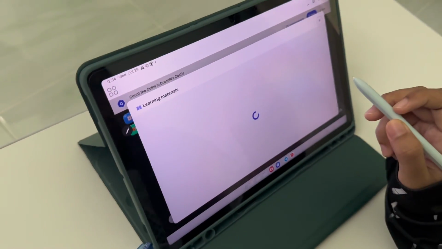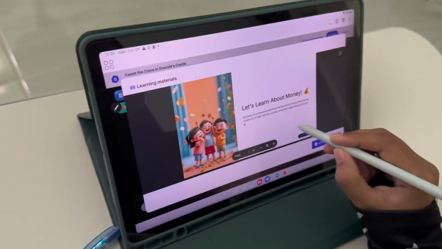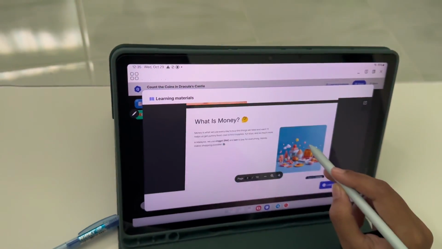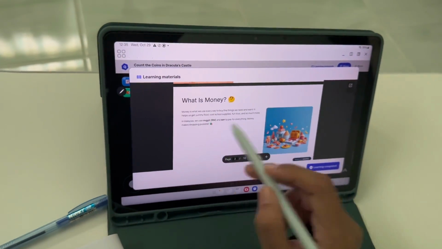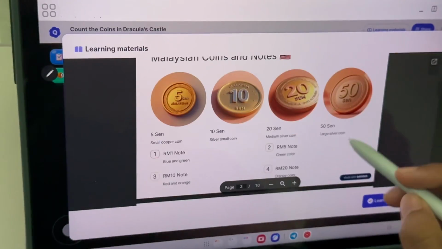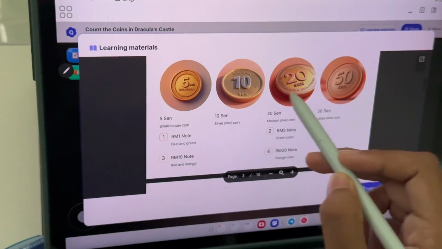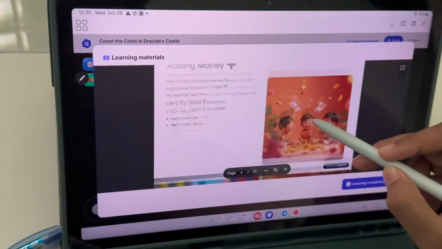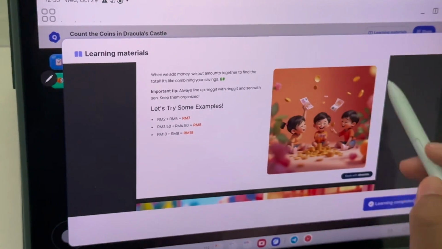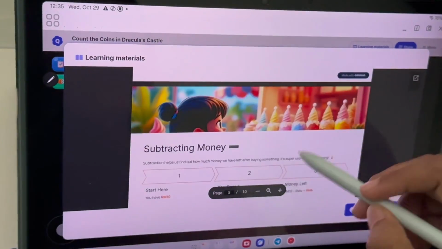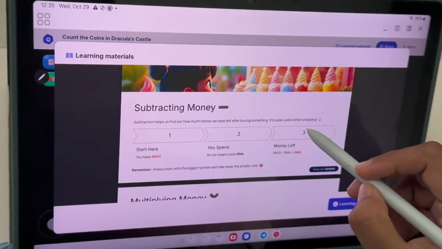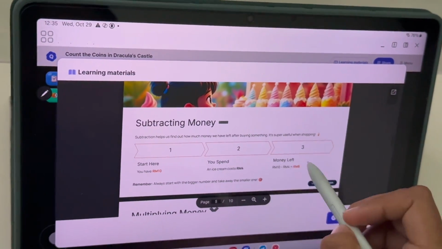When the game starts, pupils see a short learning material page. This note is about the topic Money Year 4, which I created using the Gamma app. It includes simple notes and examples of addition, subtraction, multiplication and division involving money.